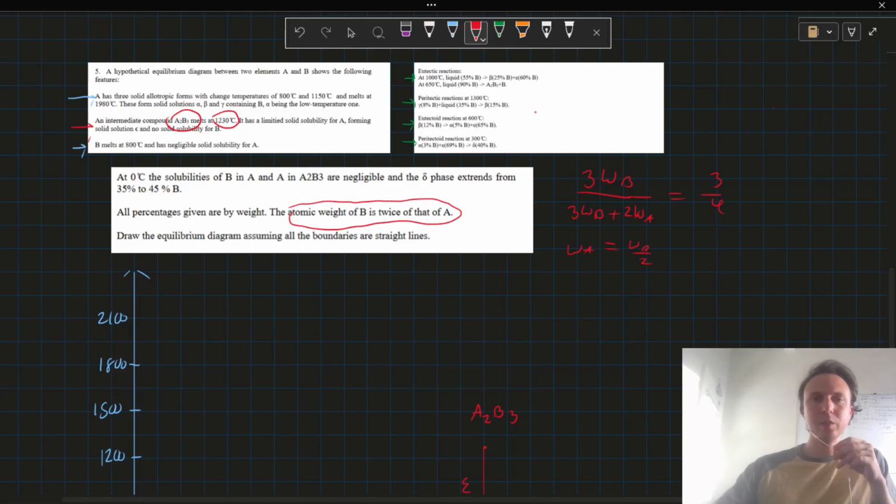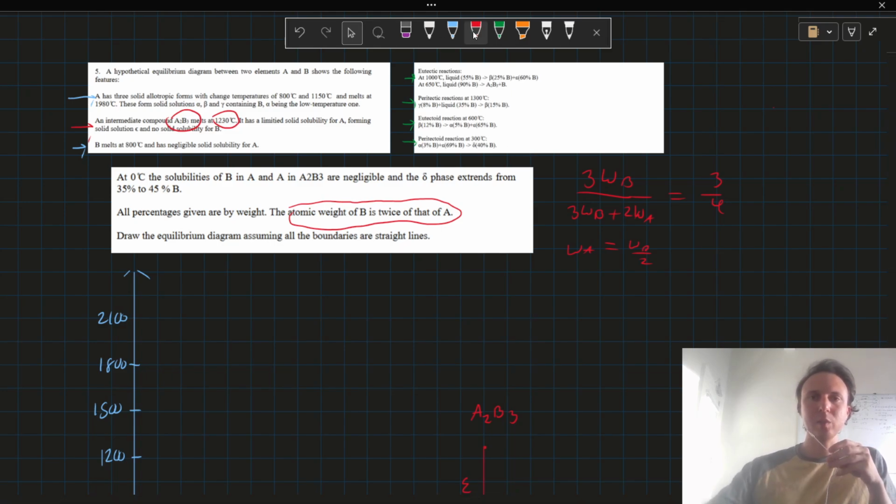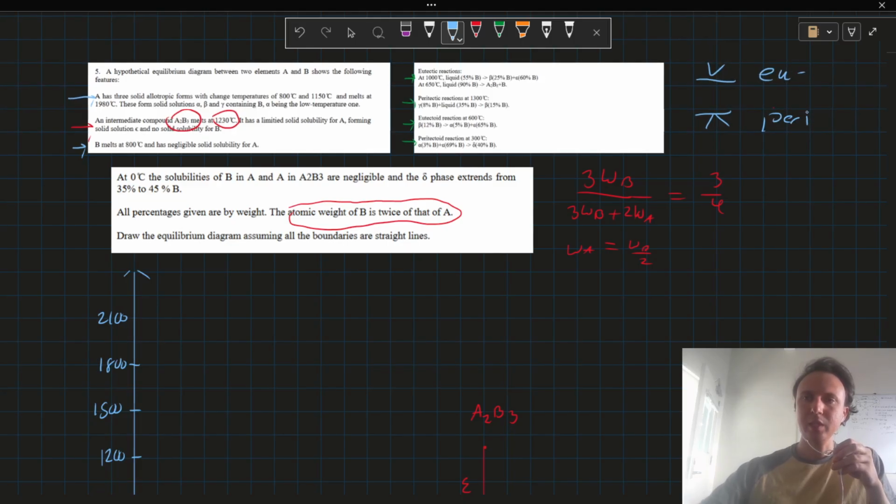The next thing I'm going to do is start filling in the eutectic and all of these reactions. So like I said in the previous video, the way to think about it basically is eutectic will be the bunny ears up, and same thing for eutectoid, and peritectic will be bunny ears down. U-dash and then peri-dash.